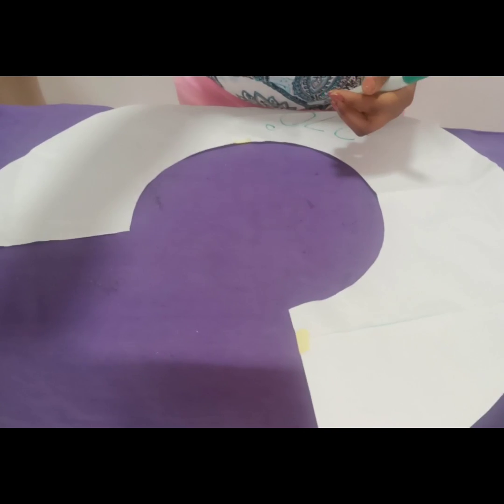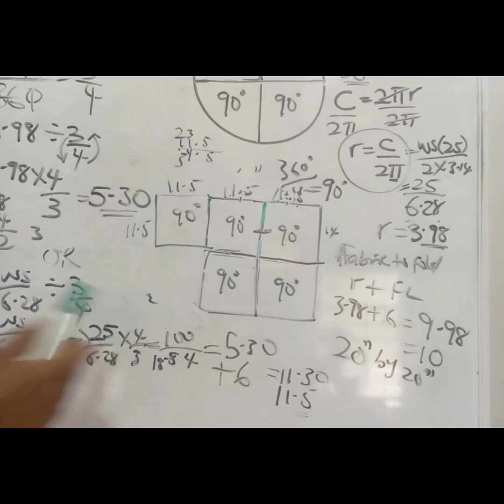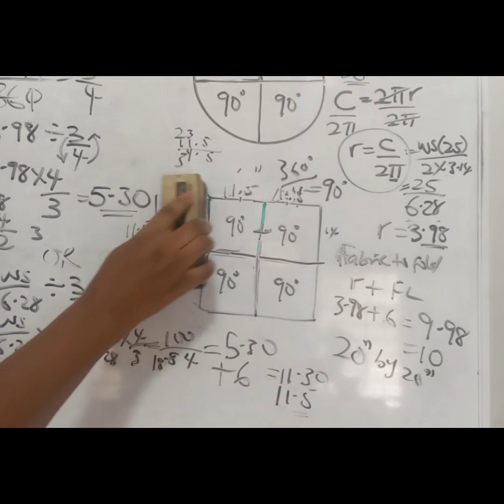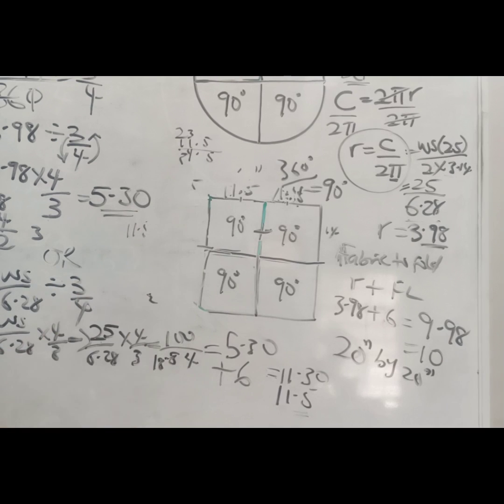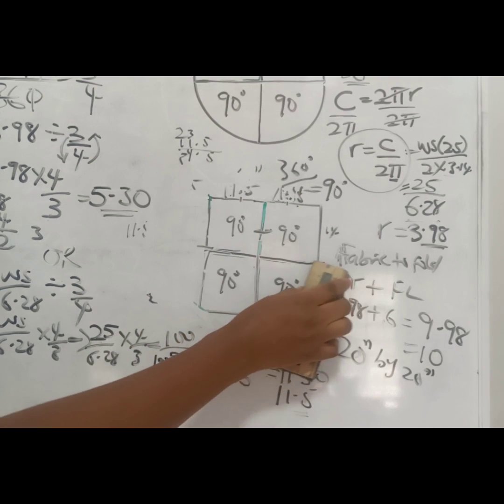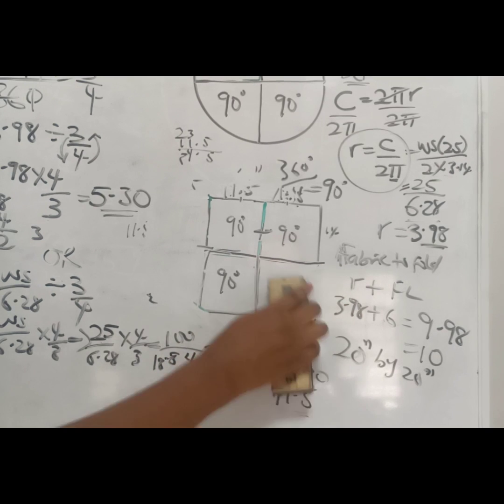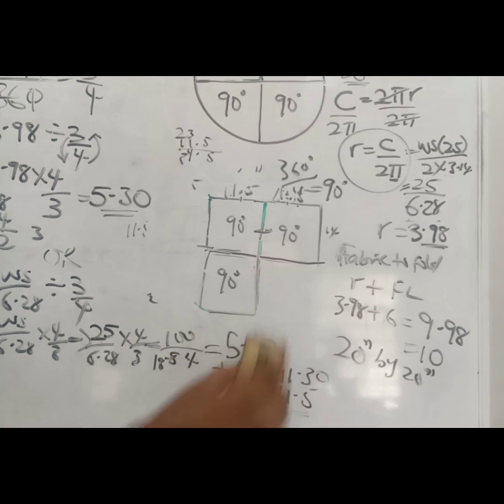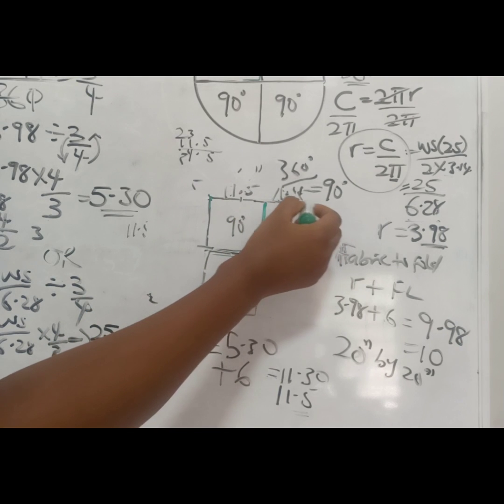So let me show you on the board. So the 270, if this is not there, so this is what it's looking like, here to here. That is like this. So if you want it to be one piece without joining your fabric, then you can cut it like this.